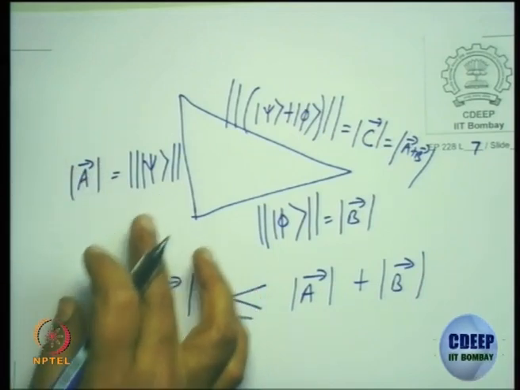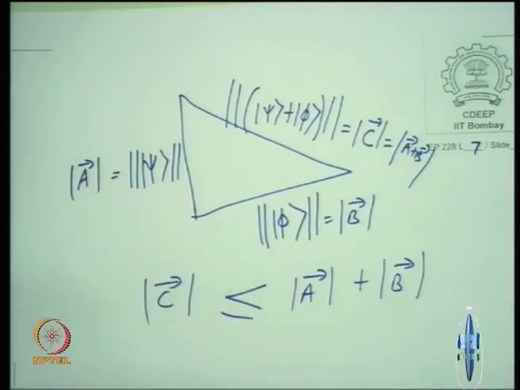Whatever I have written here is also true for an abstract notation in any dimensional vector space. It could be a complex or real vector space, it does not really matter, but this property will be satisfied. What is the property?